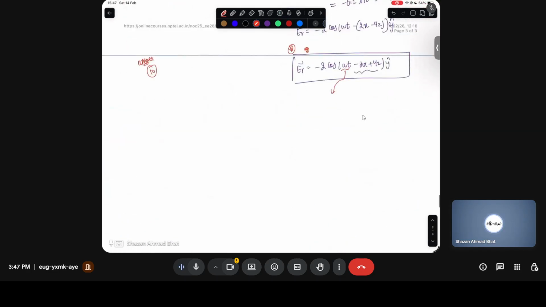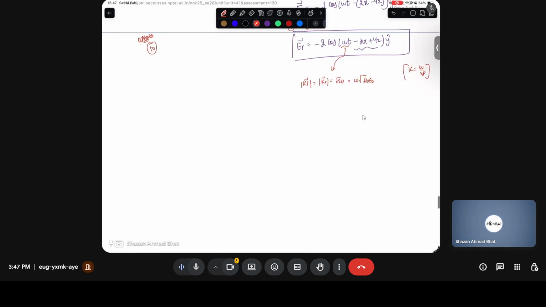So you can find it, because the k incidence is equivalent to k reflected, which is equivalent to square root of 20. So k can be given as omega under root of mu naught epsilon naught, because you know that k is equivalent to omega over c, and c is the omega over vp, which is the velocity of the wave, and the velocity of the wave is 1 by root of mu naught epsilon naught.